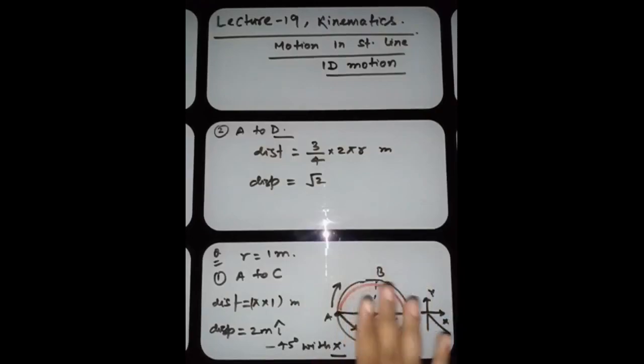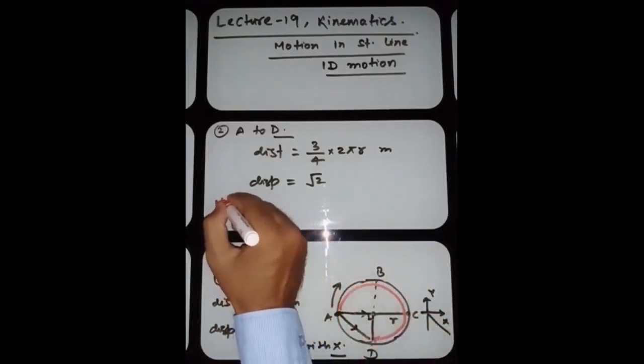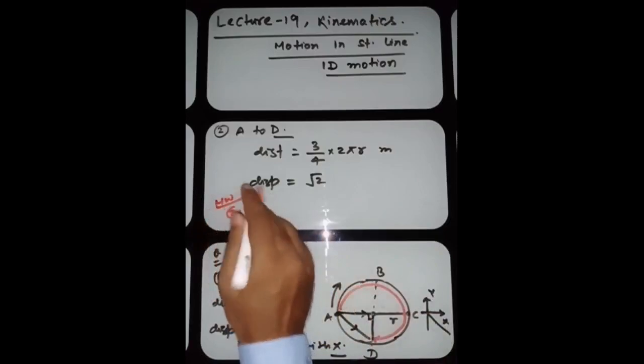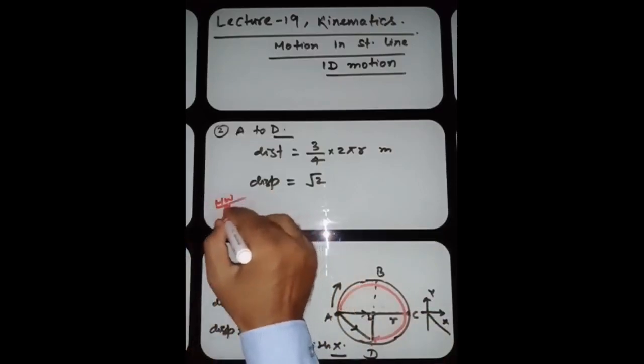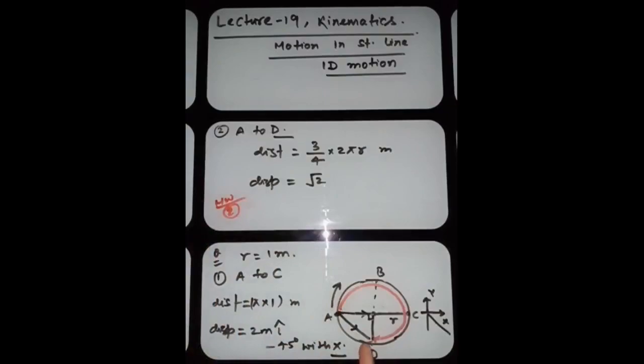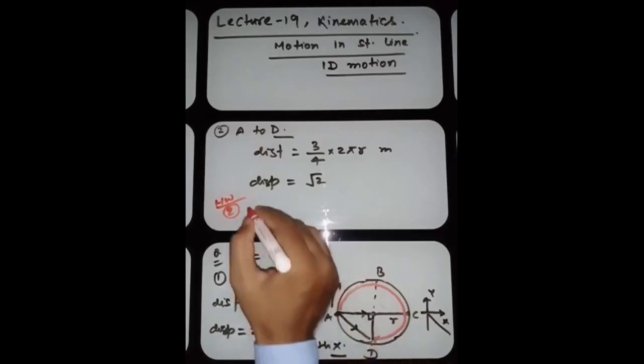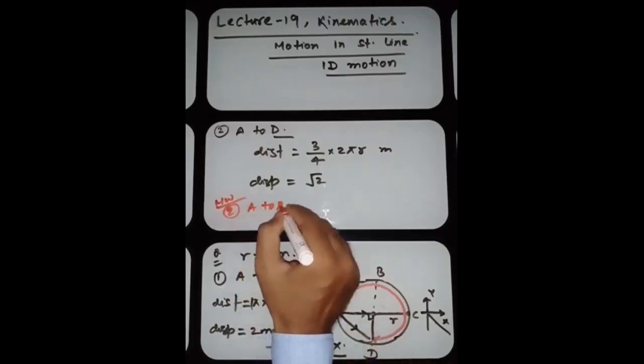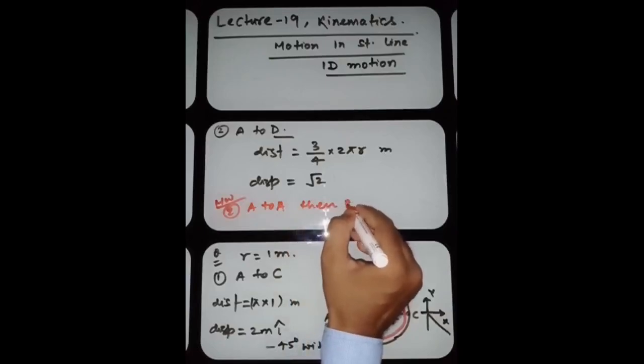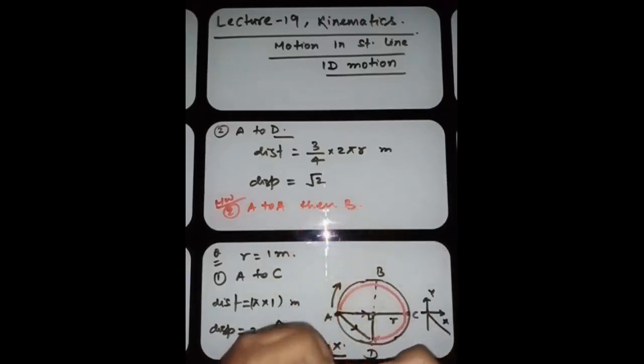On this question I'm giving you another homework, your second homework, which is based on this one. You have to find the distance and displacement A to A then B. What does it mean?